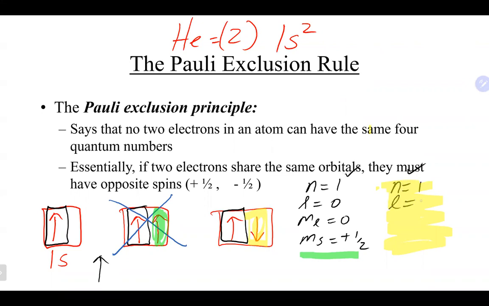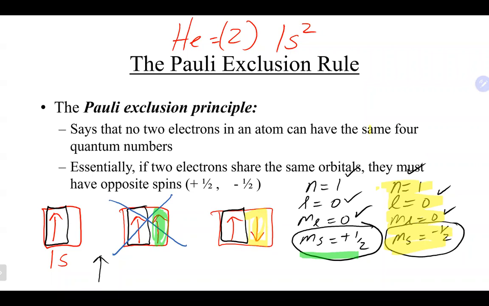Its L would equal 0, which looks the same. Its M sub L would be 0, which looks the same. But now the spin is not pointing upwards, which is plus 1/2. It's pointing downwards, which is considered minus 1/2, which is the major difference between those two.